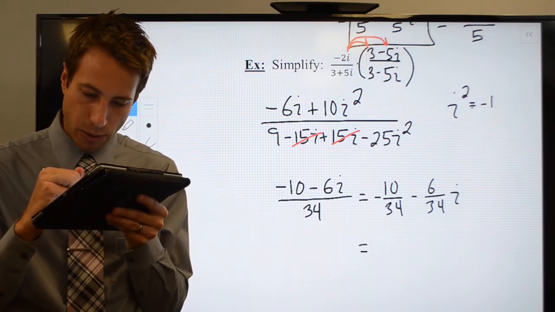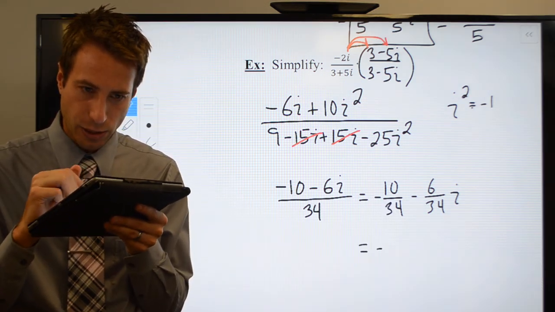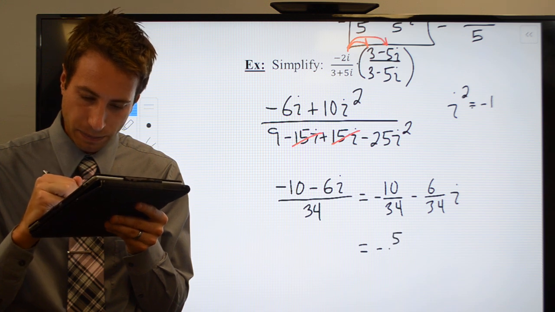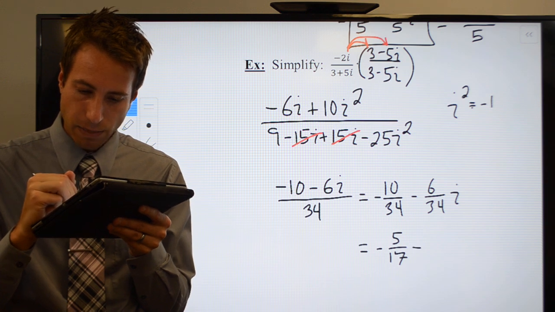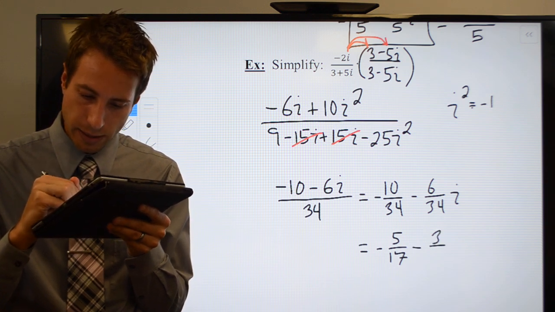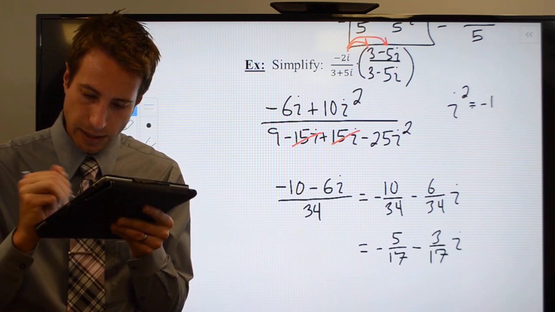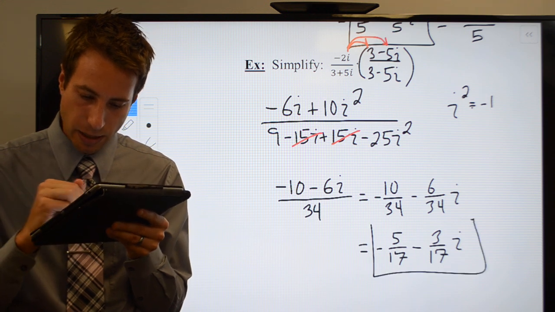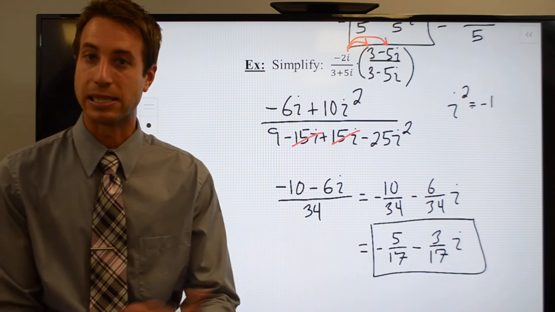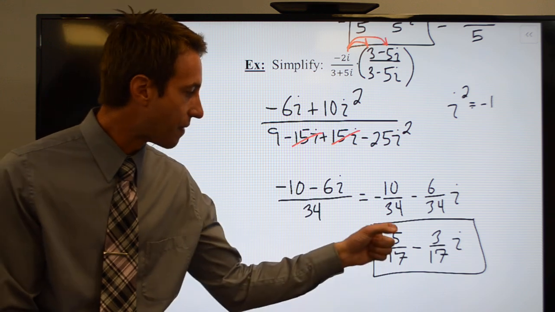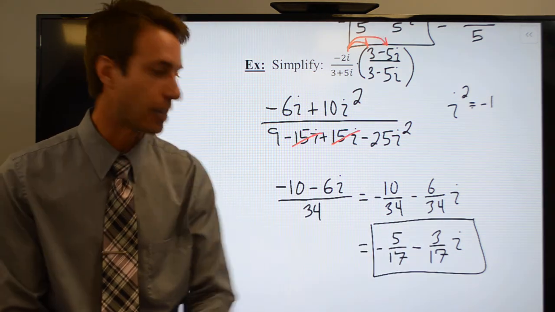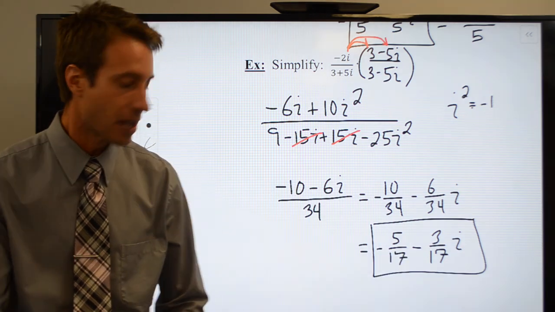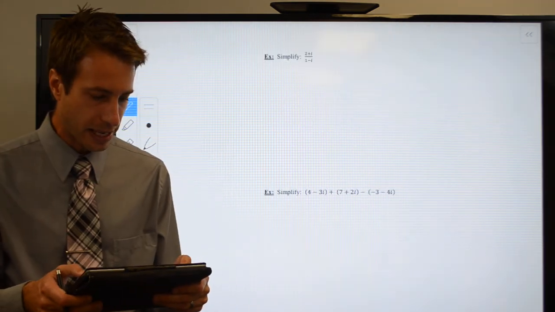So if I pull out a 2, minus 5/17 and minus 3/17 i. That's where you're going to want to leave it in simplified form, where 5 and 17 don't have anything else in common I can pull out, and neither do 3 and 17. So that's as much as I can simplify it. Let's try a couple more. Let's see what we got on the next page.